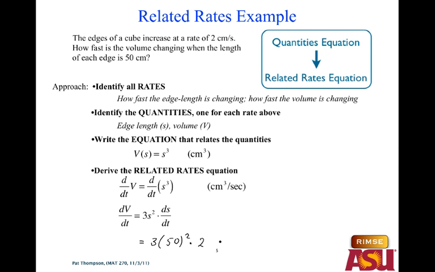So that gives me my dV/dt: 6 times 2,500, or was it 15,000. What are the units on that going to be? Centimeters cubed per second, right? dV/dt is going to show us the centimeters cubed per second.